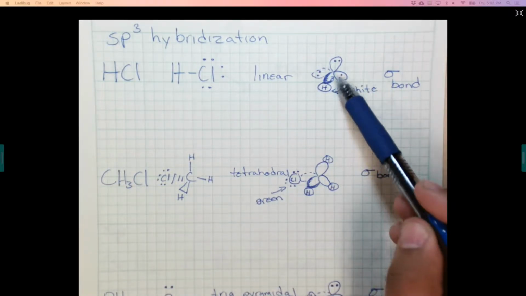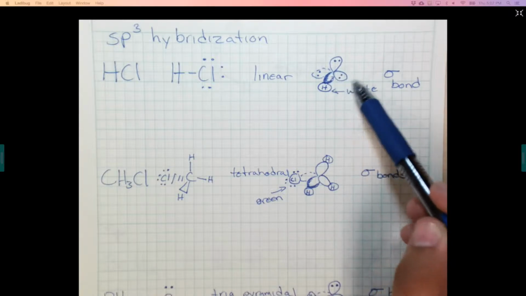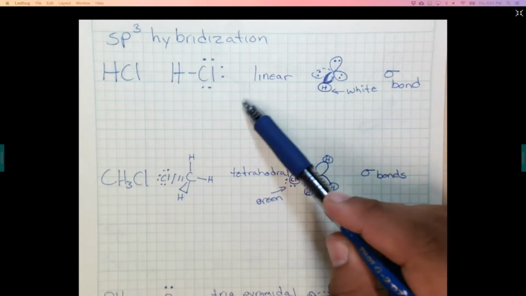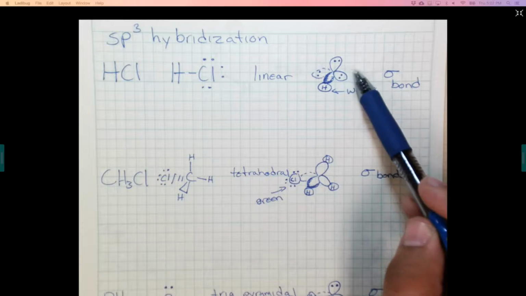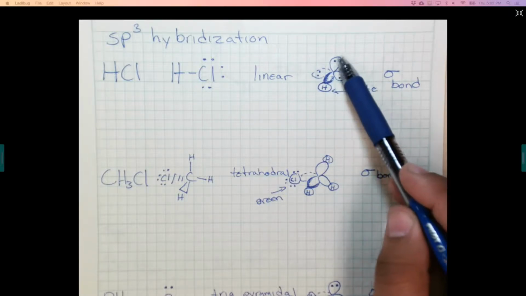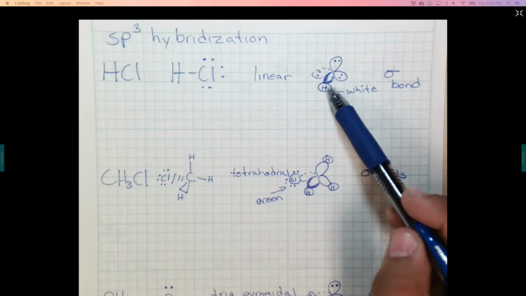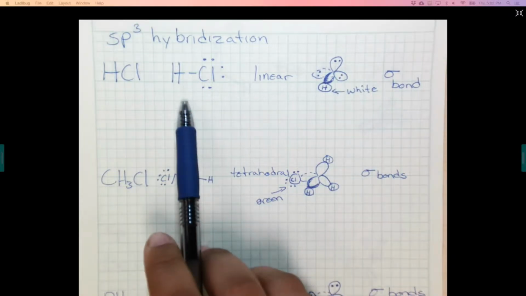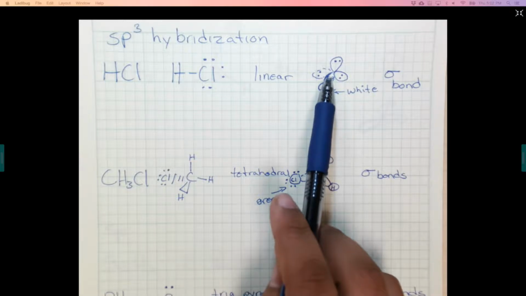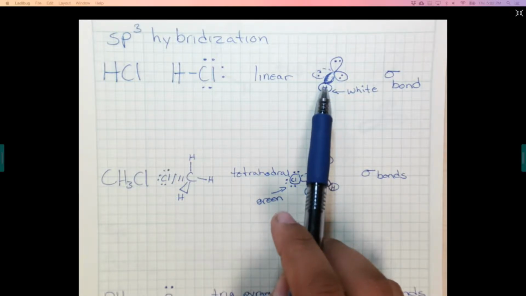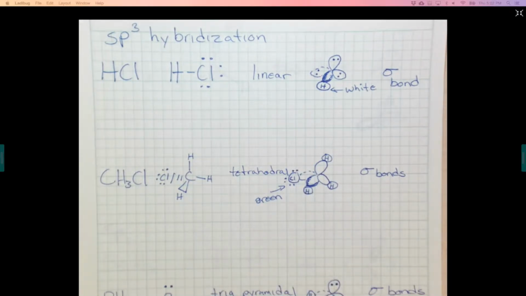What I have shown here is the center of these hybridized orbitals is where the chlorine atom is itself. The lone pairs reside in these three lobes of the hybridized orbital, and then the covalent bond is found in that one lobe overlapping with the s orbital of hydrogen.